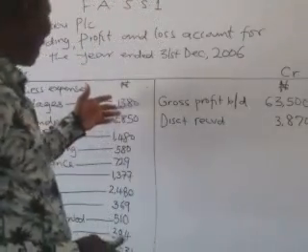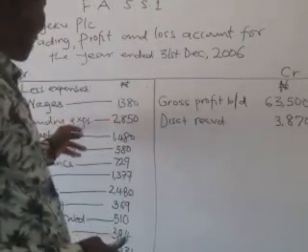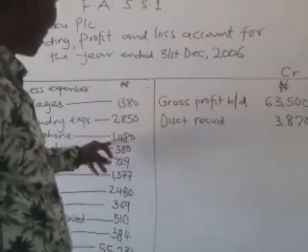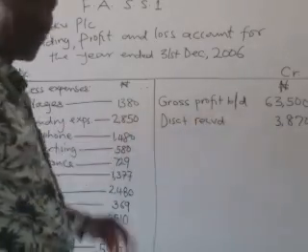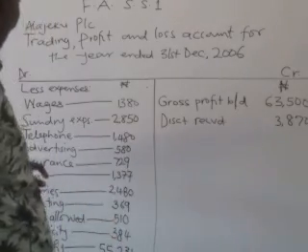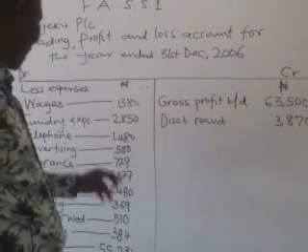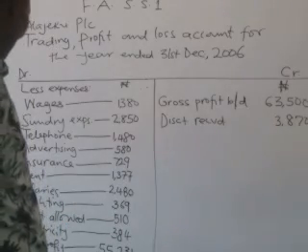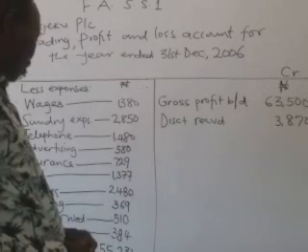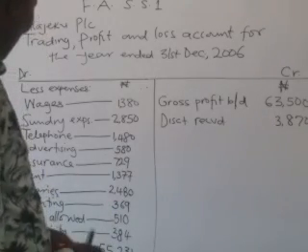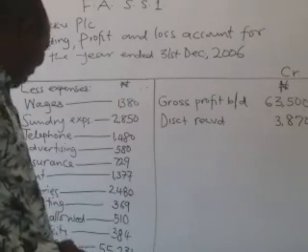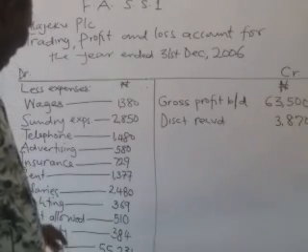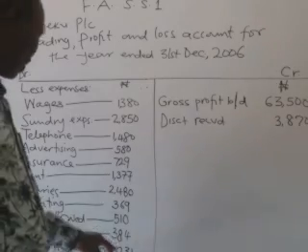Wages, 1380, sundry expenses, 2850, telephone, 1480, advertising, 580, insurance, 729, rent, 1377, salaries, 2480, and lighting, 369. Discount allowed, 510, then electricity, 384.